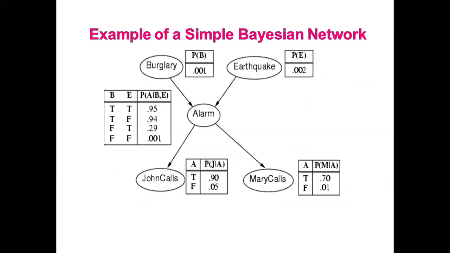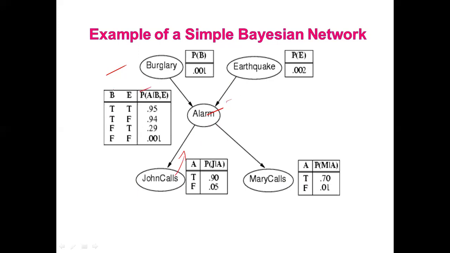This is an example problem of a Bayesian network. In this example, we consider a situation where a burglary or an earthquake may trigger an alarm. If the alarm is triggered, the concerned persons will be notified to take care of the situation.